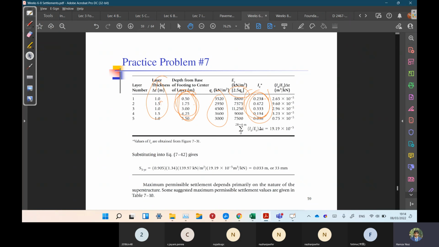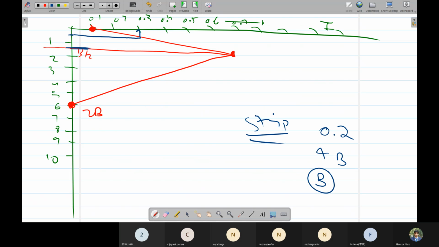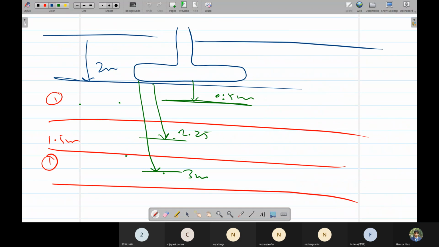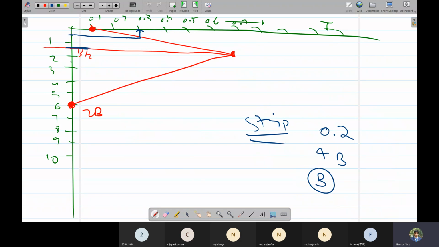If we draw accurately, it would come nearer to this value. So we can get IZ for the first one. For the second layer, our depth is 2.25, so at 2.25 we can check this, 0.55. The third layer depth is 3 meters. You can check this, and this is how we can calculate the IZ value for all layers.